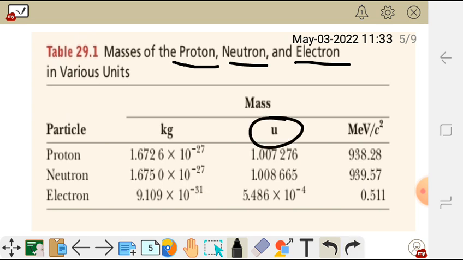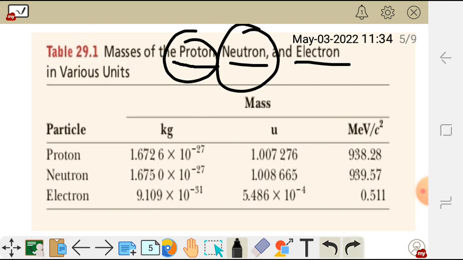And in atomic mass unit, which is also called unified mass unit, it is 1.007276 for a proton, and a neutron is 1.008665. But in mega electron volt per speed of light squared, a proton is about 938.28, and a neutron is about 939.57.